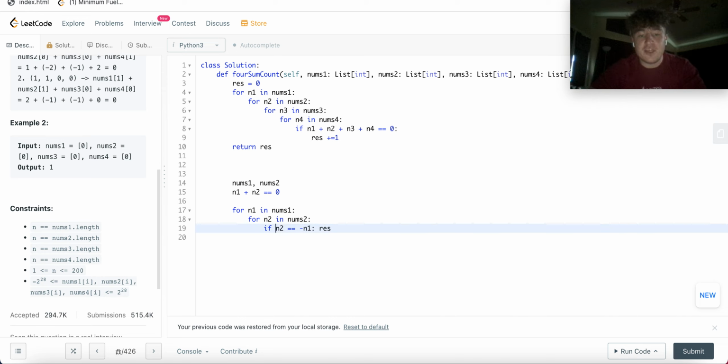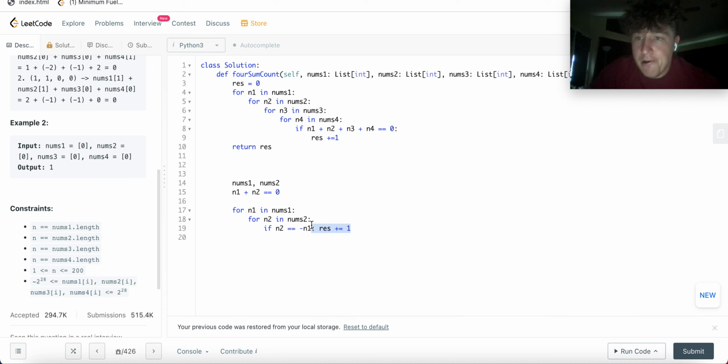So you can say if n2 equals negative n1, then we add 1 to res. If we're looking for just this case where n1 plus n2 equals 0, that makes sense, because one of them has to be the opposite of the other. So if the number we're looking at is the opposite of the other number, then we add 1 to res.